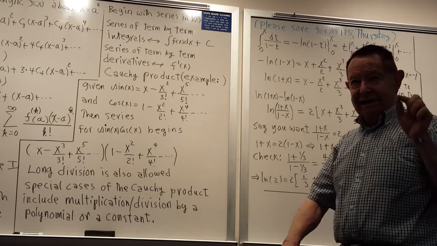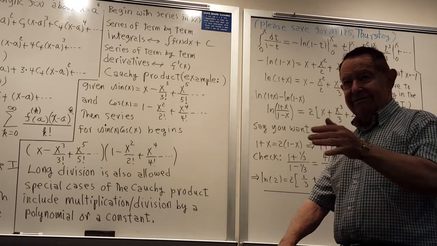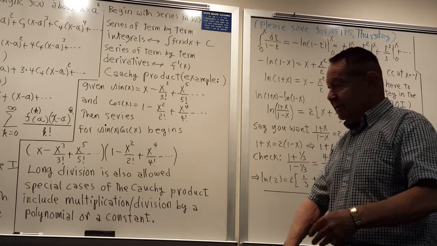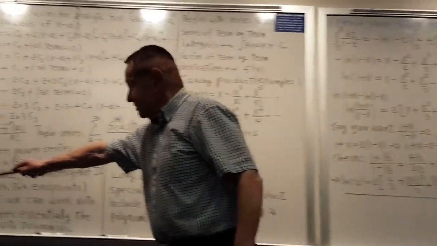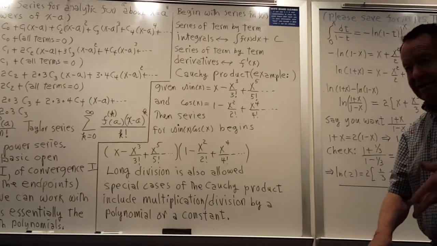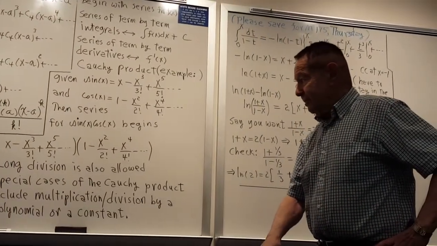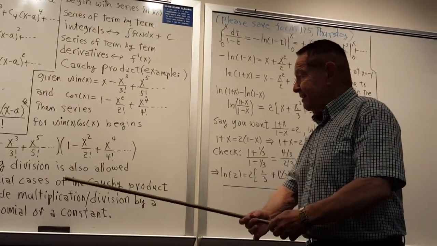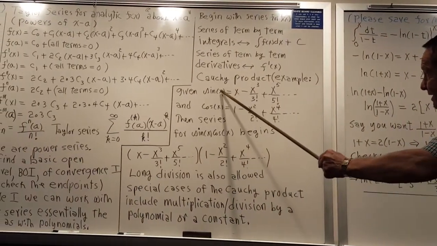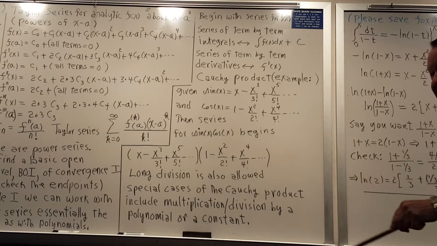You can say f equals sine times cosine and do the derivatives and construct your series by taking the derivatives and summing. Or you could take the first few terms of the sine series and the cosine series, which you can find in your book.